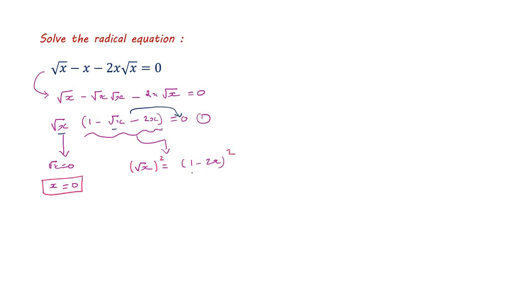For expanding this, you can use the a minus b whole squared formula or a plus b whole squared formula, where b is minus 2x. So 1 minus 2x the whole squared. We know that a plus b whole squared is a squared plus 2ab plus b squared.